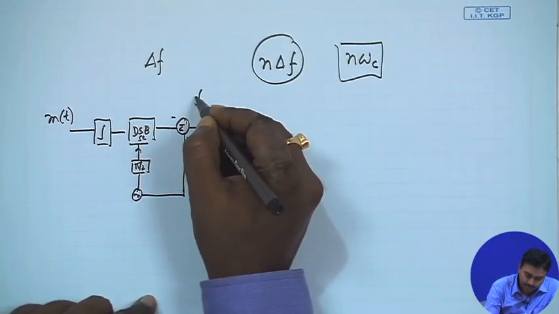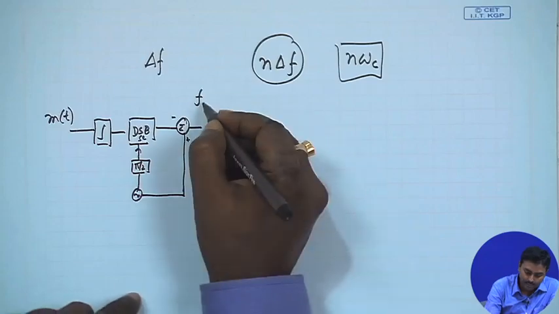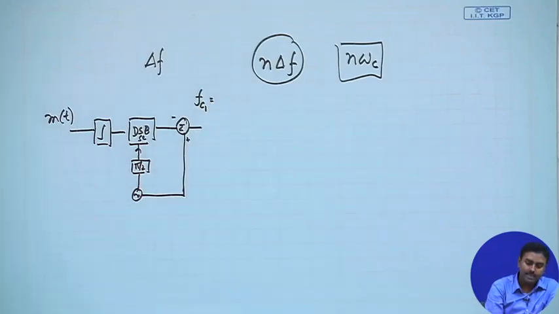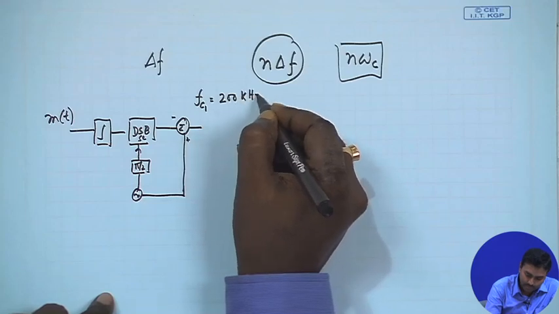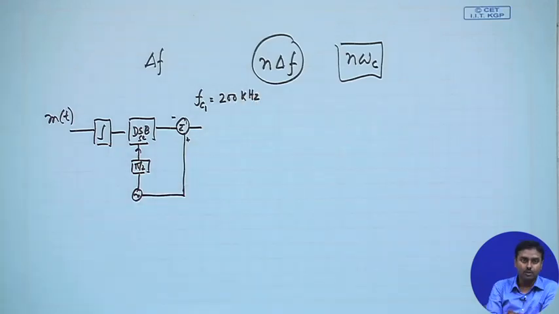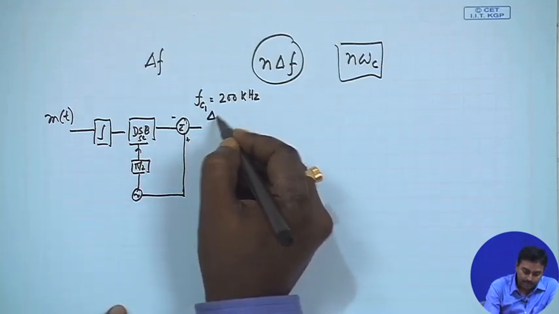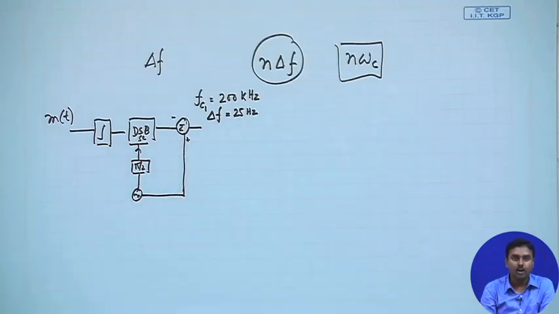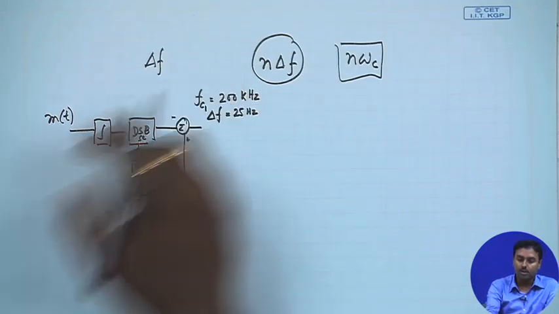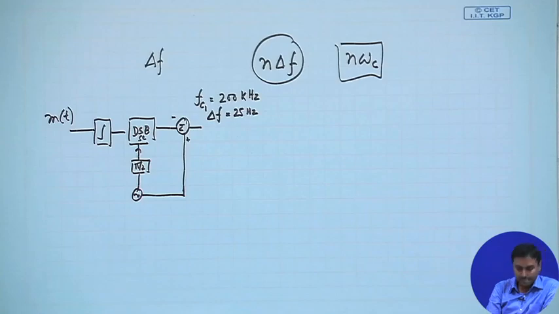First of all, it will have a center frequency. Let us say fc1, let us say that is 200 kilohertz. Okay, we are just taking one example which is also given in the book of B. P. Lathi. We are just taking that example for simplicity, and suppose that has a del f which is just 25 hertz, which is pretty small compared to that fc1, right. So, basically this can be characterized as a narrowband FM, no problem in that.